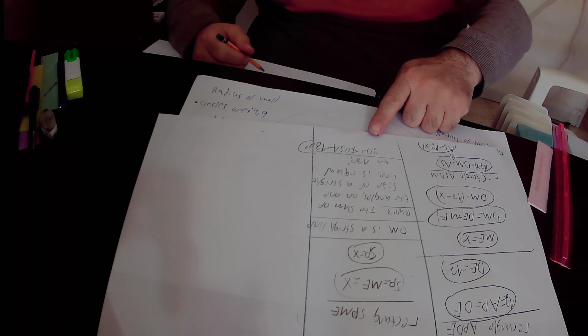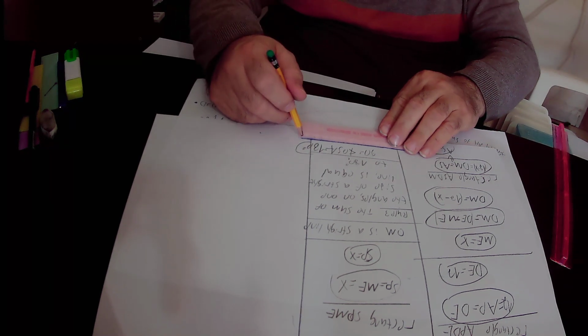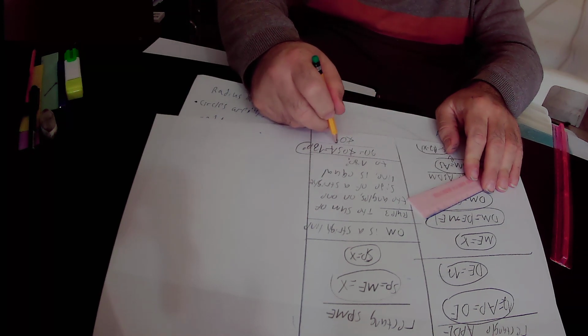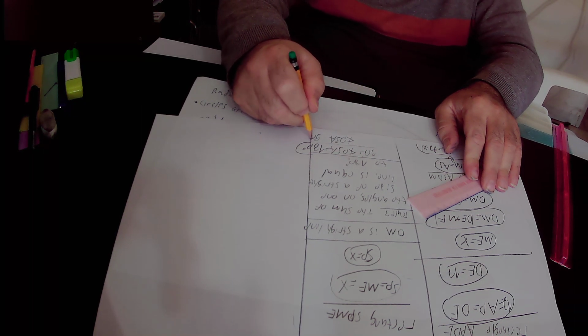Subtracting 90 degrees, the size of angle OSA is equal to 180 degrees minus 90 degrees, that is 90 degrees.